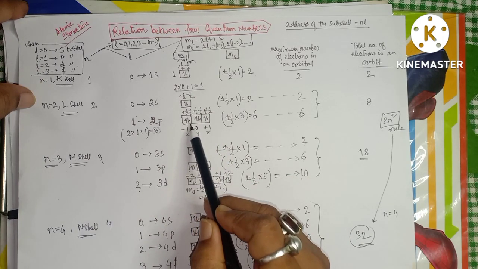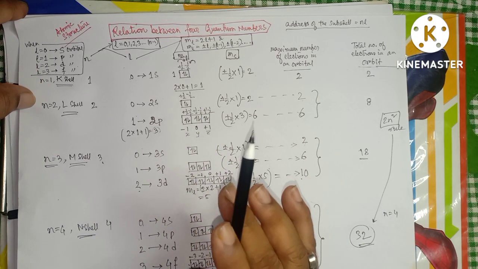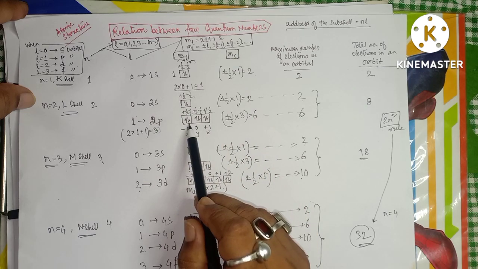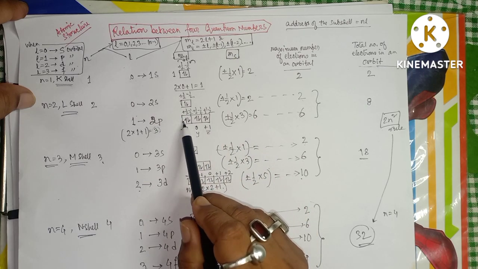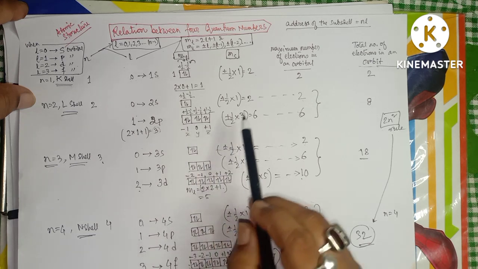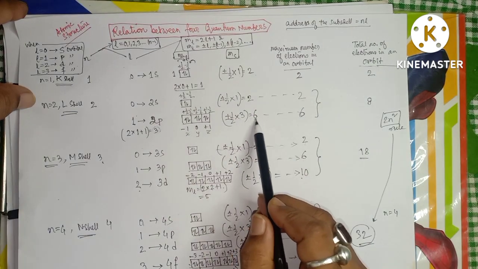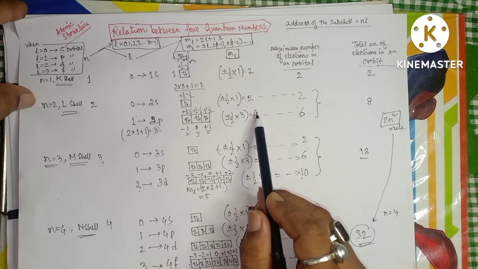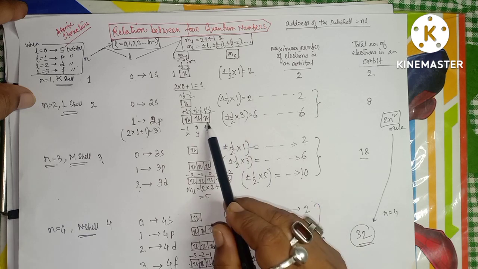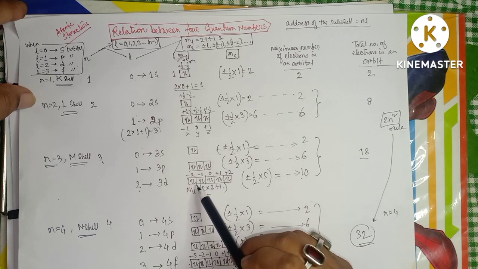Each room may hold a maximum of 2 electrons, with plus half and minus half spin. So with the help of the spin quantum number, the maximum number of electrons that may be present in the 2p orbital is 6.